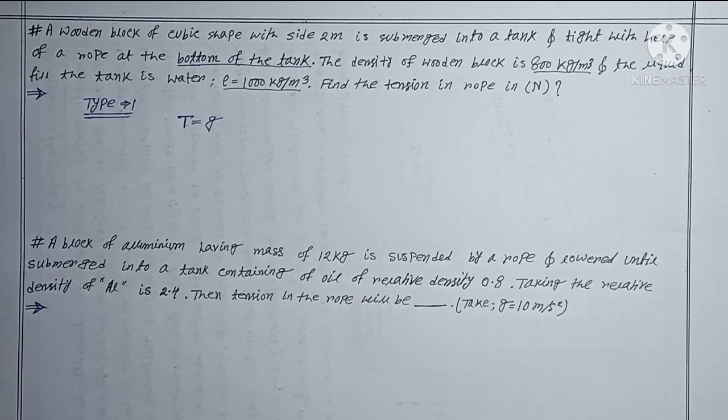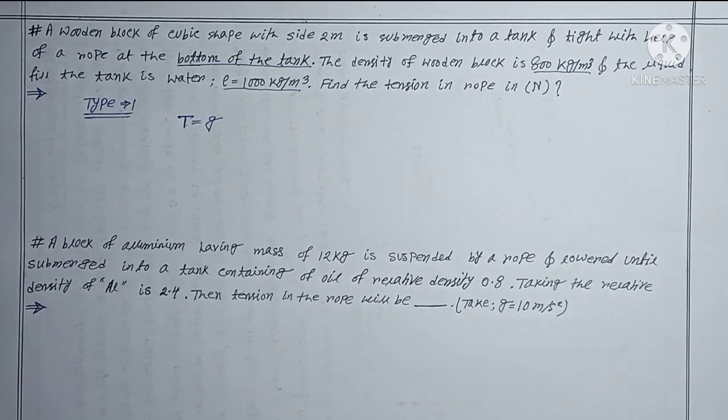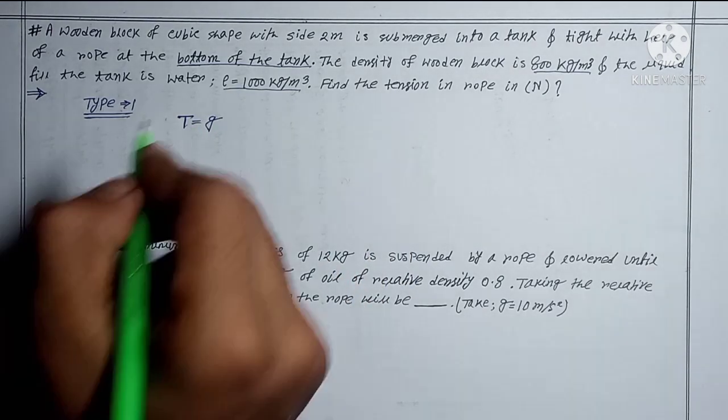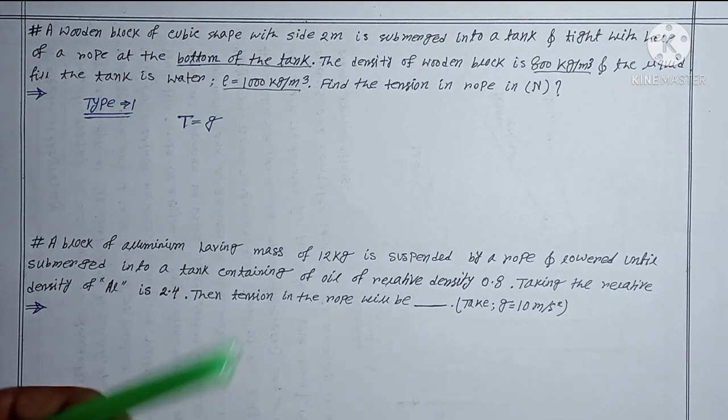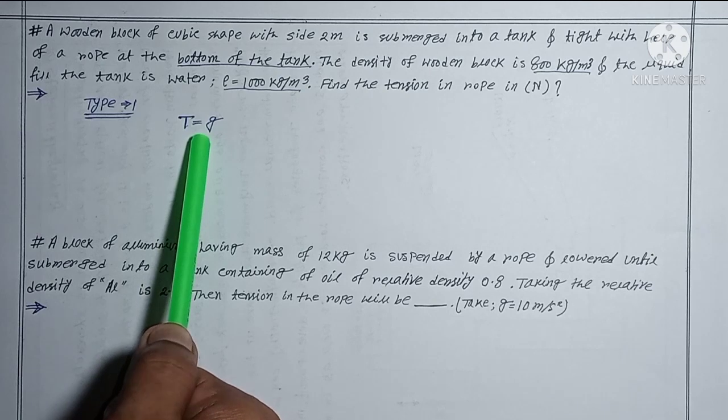In this case, where we are trying to find the tension in the rope, the tension is nothing but basically the difference in weight. Is it clear? Difference in weight. Here weight means rho into g into V. Now g is the gravitational acceleration, and it is the same for both, so we can take g common.